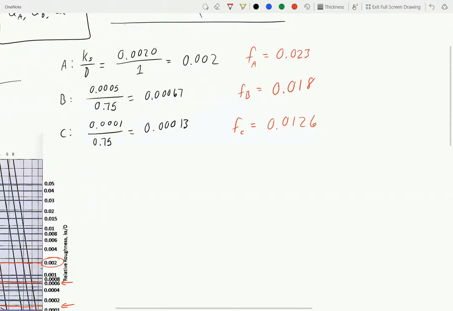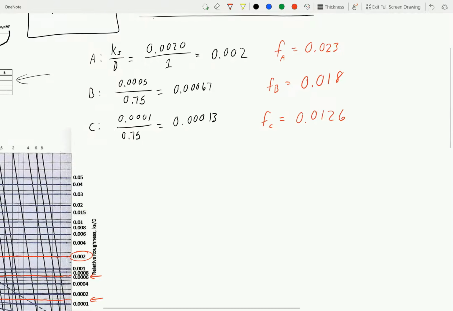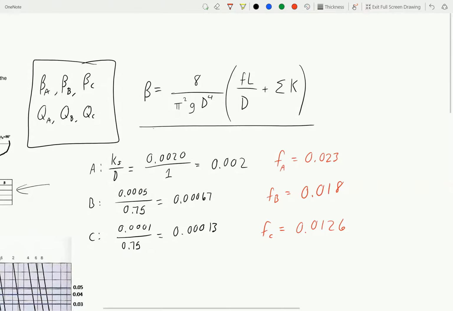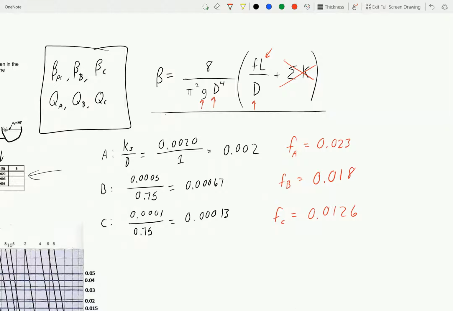Okay, so now we have our F values. Now we need to calculate our beta values. We have G, and we're given D and L. There are no losses in this problem, it's being assumed.